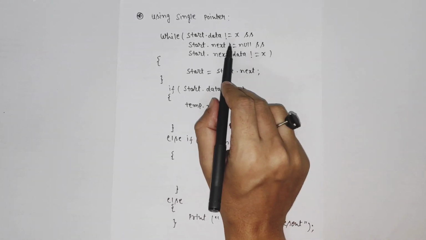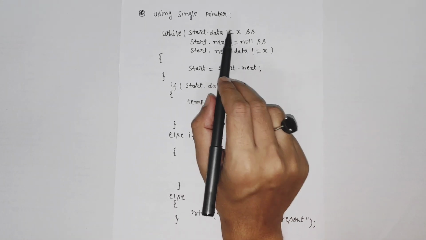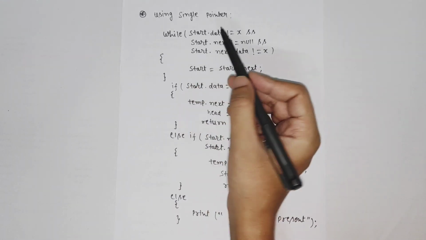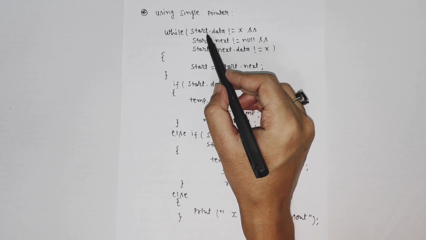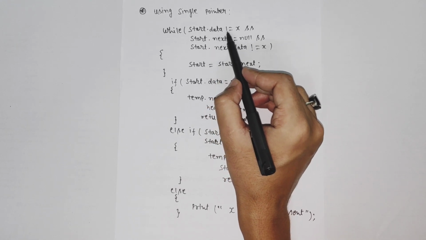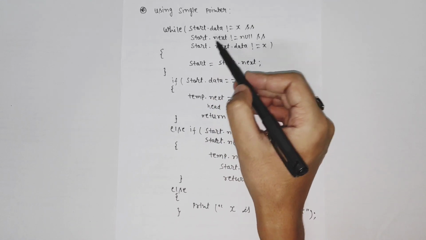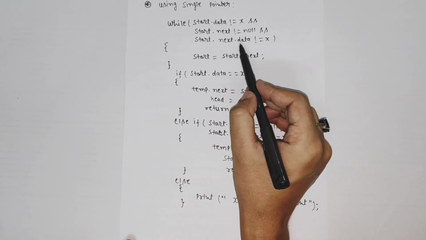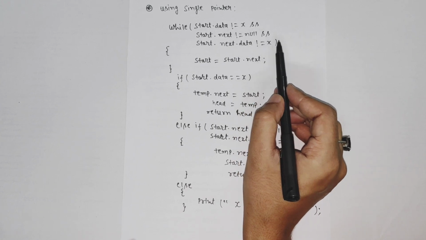Here I have not written the condition if the linked list is empty. I am directly writing the logic. So here in the while loop, first I am checking that start.data not equal to x and start.next not equal to null and start.next.data is not equal to x.